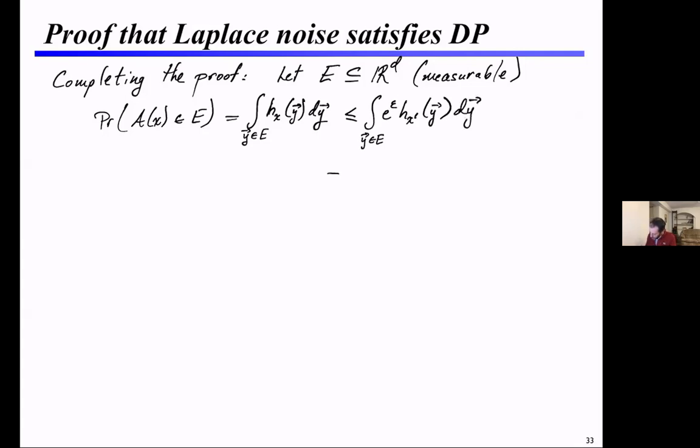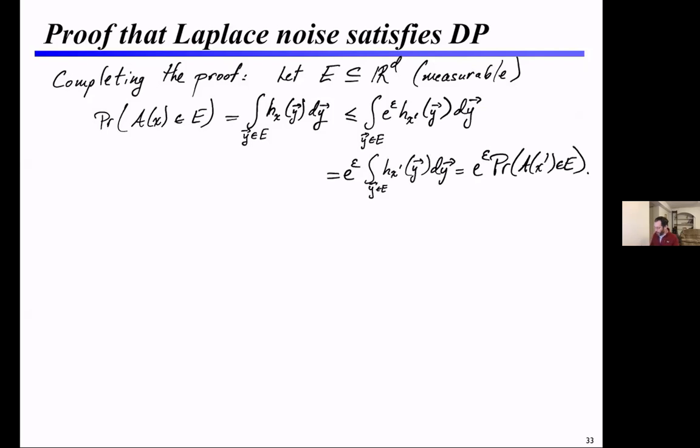Now we can pull the e^epsilon out front, and what we're left with is just the integral of the density for A(x') over E, and that's exactly the probability that A(x') is in E.